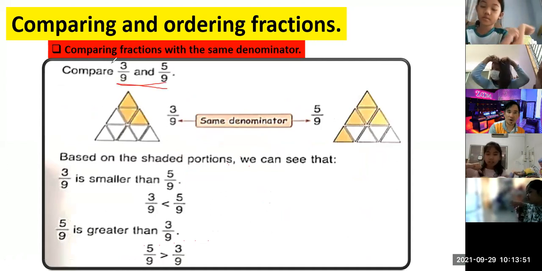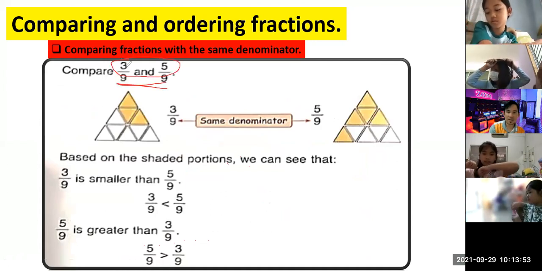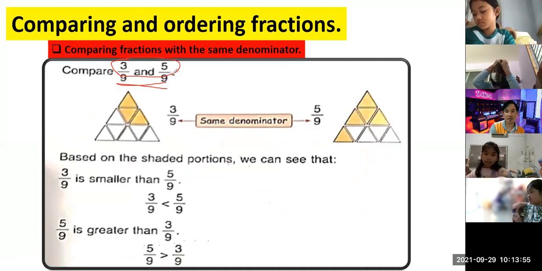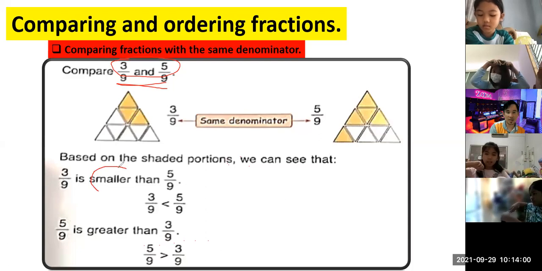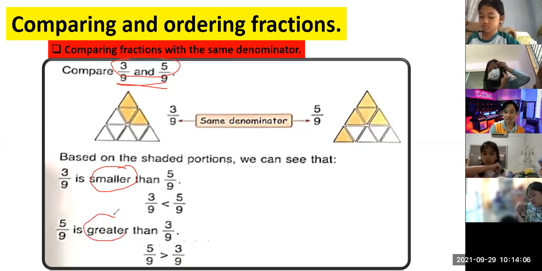So compare 3 over 9 and 5 over 9. 3 is smaller than 5, right? So 3 over 9 is smaller than 5 over 9, and 5 over 9 is greater than 3 over 9.